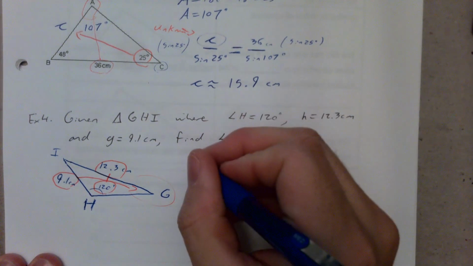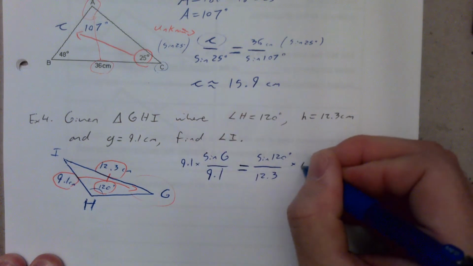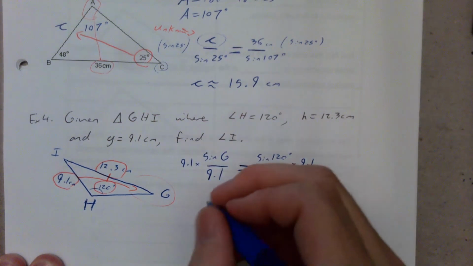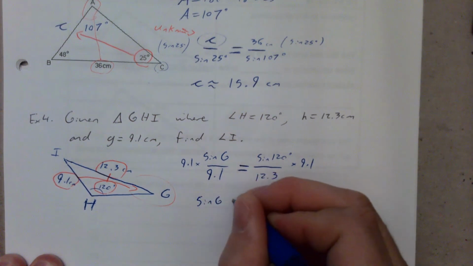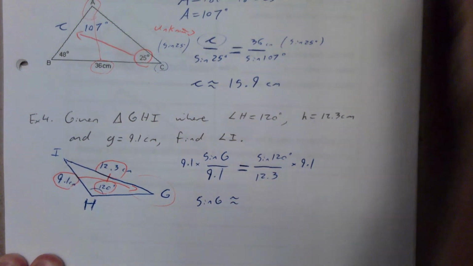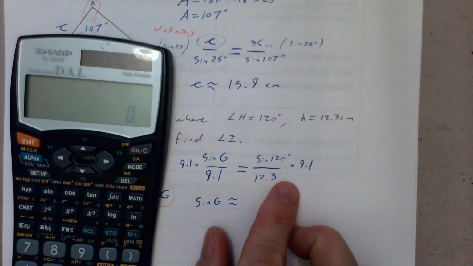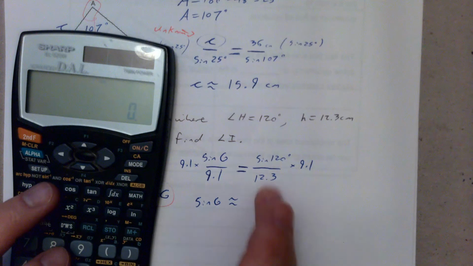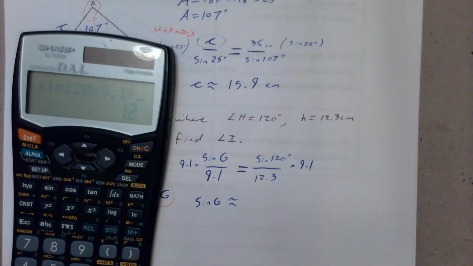I have one ask of you here that's going to help us a lot in our next lesson on ambiguous cases. I want you to approximate this ratio. I need you to just trust me that approximating this ratio is going to be useful. I'm going to type in the sine of 120 degrees times 9.1 divided by 12.3.